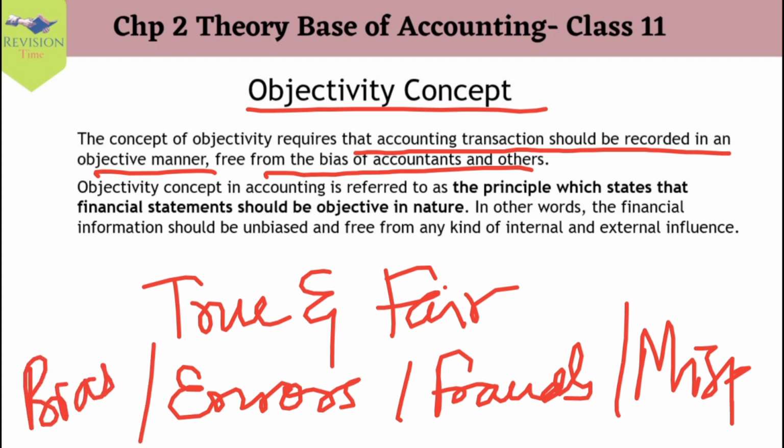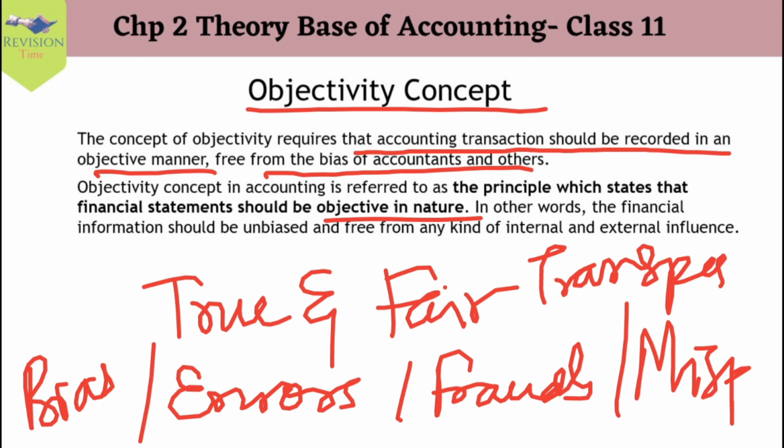Because this information is used by various users like stakeholders, investors, potential investors, creditors, government, various users of accounting information. This concept states that whatever accounting information is presented must be transparent and must be based upon solid evidence, not just based upon some opinion. There must be evidence for those transactions. It must be correct, fair and true.